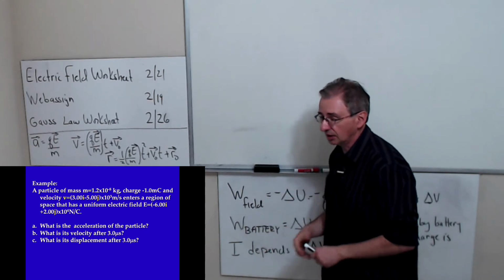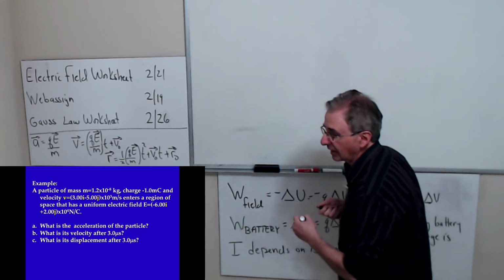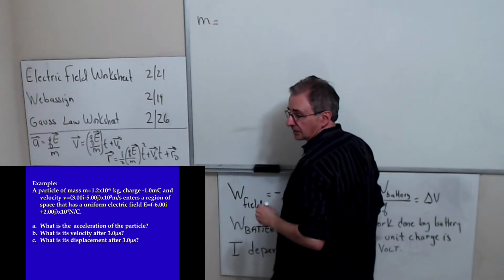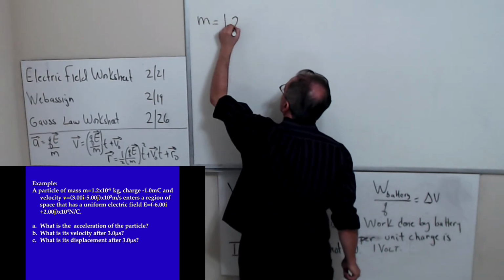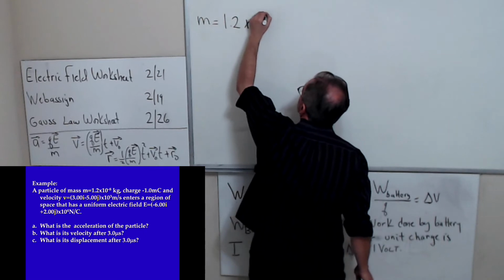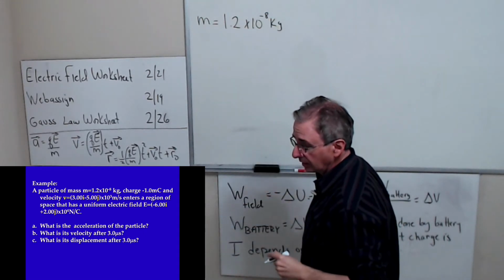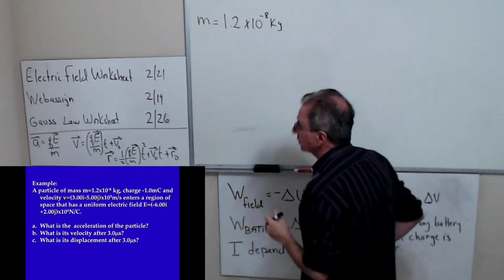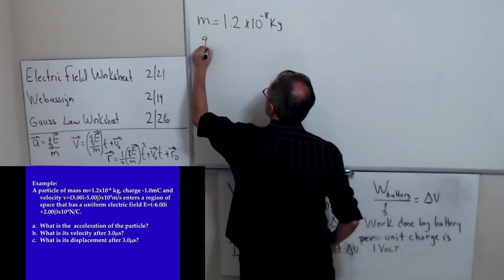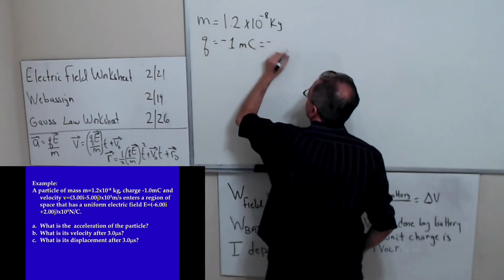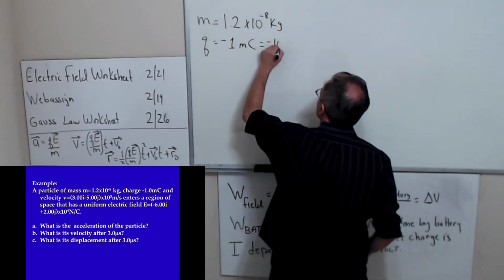So let's do an example. So we have a particle of mass m. Its mass is 1.2 times 10 to the minus 8 kilograms. And it has a charge Q of minus 1 millicoulomb.